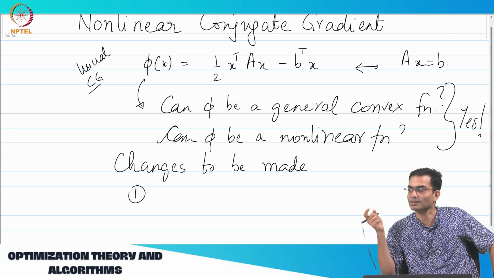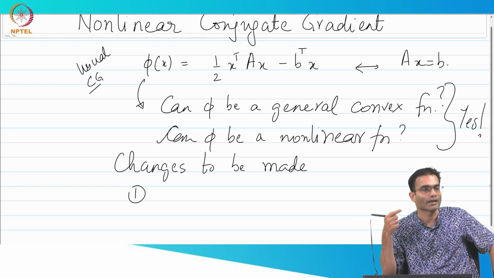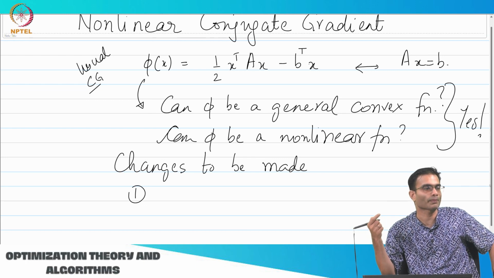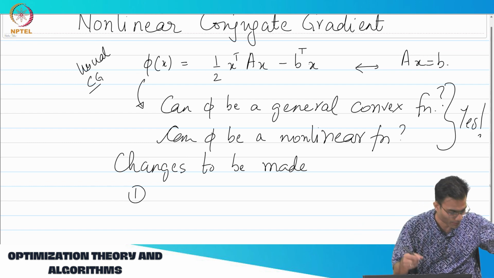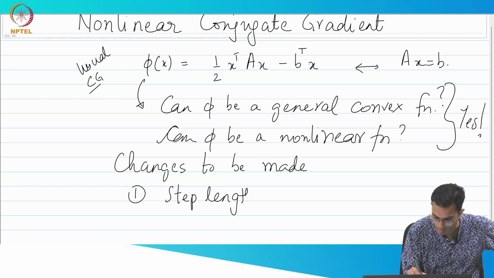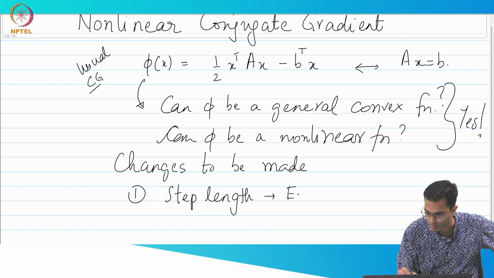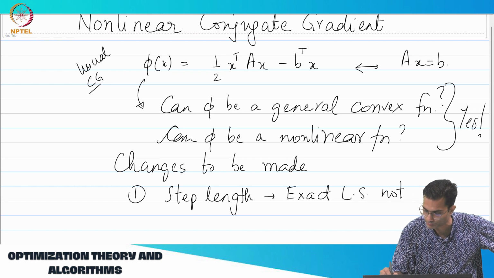It was exact step length, right? Can I do that here? I cannot do that here. Why? Because I can do it, but it's going to be very expensive. So I have to give up exact line search and replace it by inexact line search, right? So for step length, exact line search is not possible.